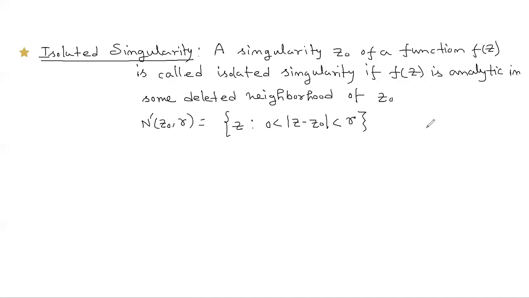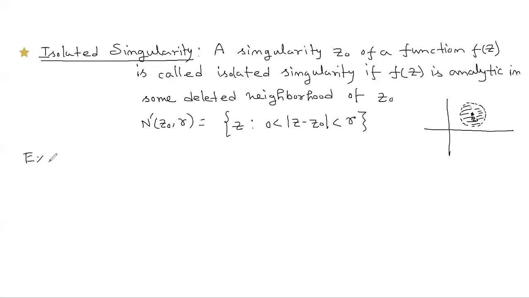That means about z0, if we can form some neighborhood where except at the point z0 the function is analytic at every point. That means the function f(z) is analytic in the punctured disk, or we can say except the point z0 in this neighborhood there would be no other singularity of the function f(z). Then we can say z0 is an isolated singularity of the function f(z).